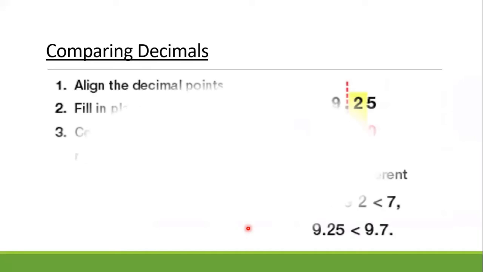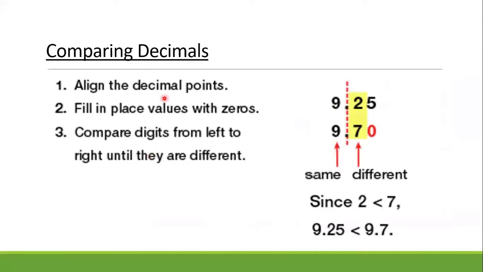Now let us know how to compare decimals. While comparing two decimal numbers, we consider the following rules. Align the decimal points. Fill in place values with zeros. Compare digits from left to right until they are different.